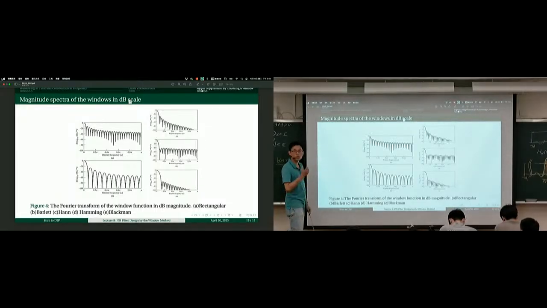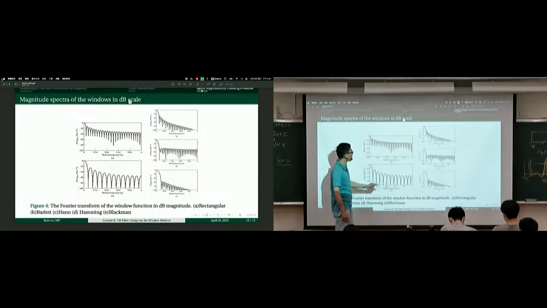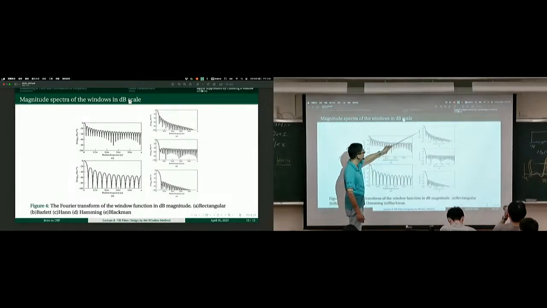We want to increase that ratio so that we have a better side lobe suppression. So you see that in the Bartlett window, the suppression is more than 20 dB, which is better than the rectangular window already. And then you go further to the Hahn window, where the suppression is more than 30 dB, even better.